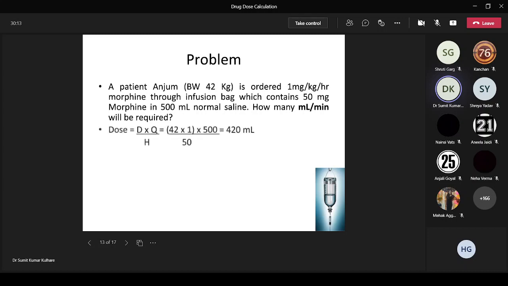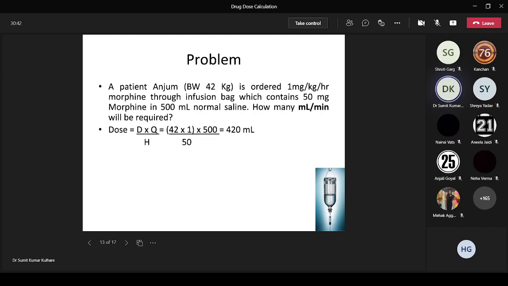Okay, so it is a 42 kilogram body weight patient, and he is to be administered 1 mg per kg. For a minute, let's leave the hour part away. So the total dose would be 1 mg per kg. Dose is 42 into 1. And the supply in hand is 50 milligram of morphine, which is dissolved in 500 ml.